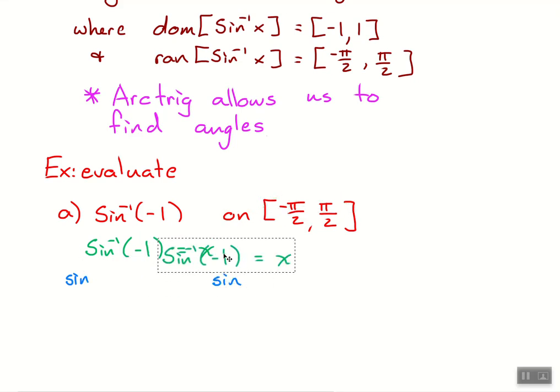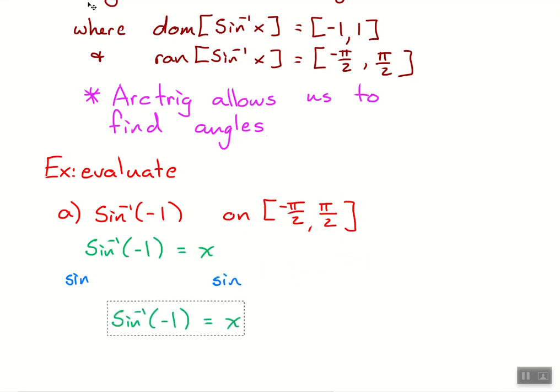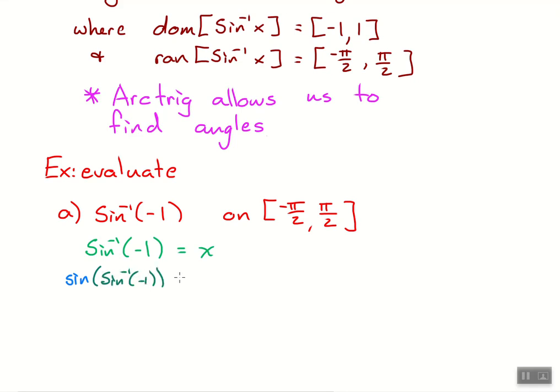Almost. It was a good idea, right? Oh my gosh, it was a terrible idea in hindsight. We're just going to write it. If I take the sine of the left, I get this expression: the sine of the arc sine of -1 equals the sine of x.